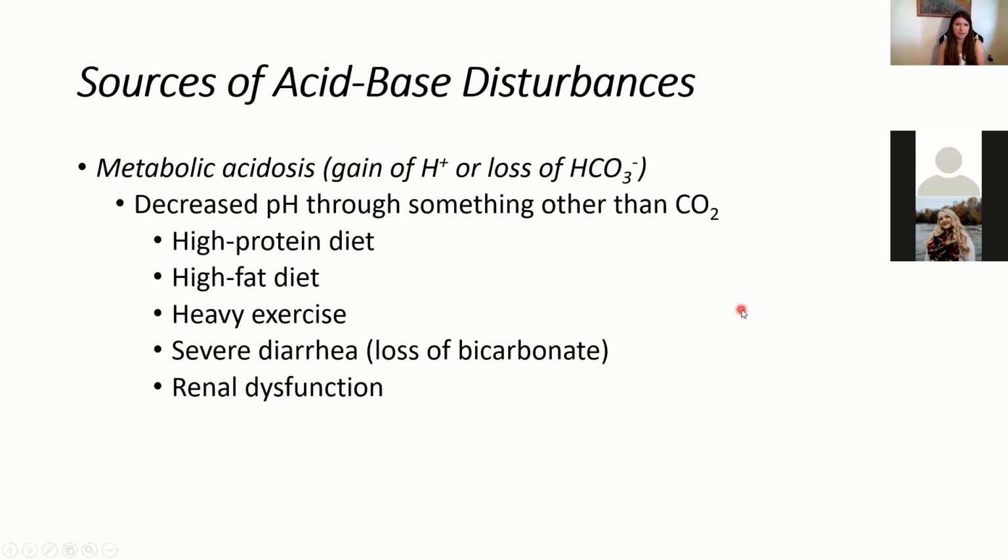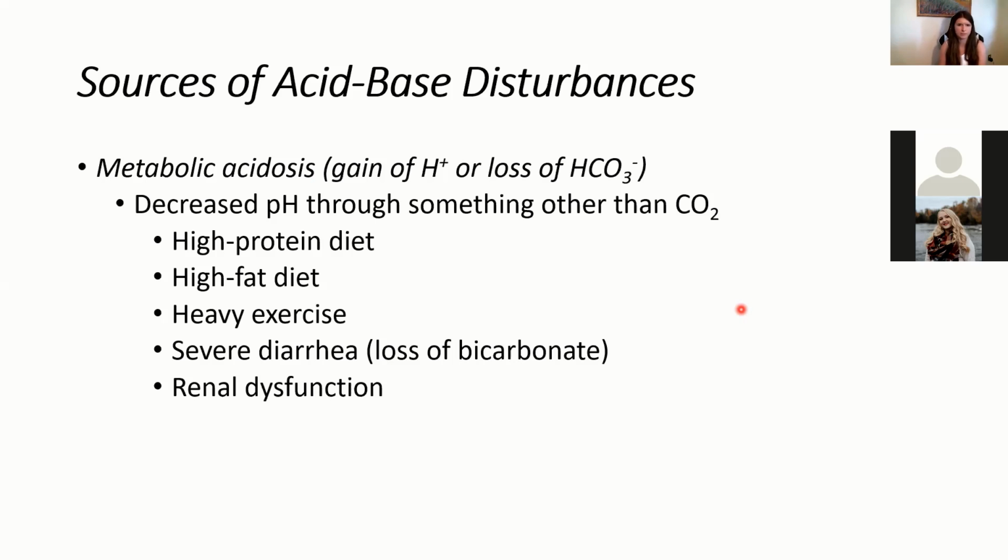So in metabolic acidosis, we can end up in acidosis either because we directly have more hydrogen ions, or because we're losing some of that sponge, some of that buffer. So those hydrogen ions that were in the plasma no longer have anywhere to go. They're not getting soaked up, so they're directly going to affect the pH at that point.